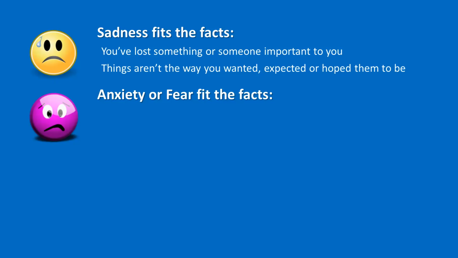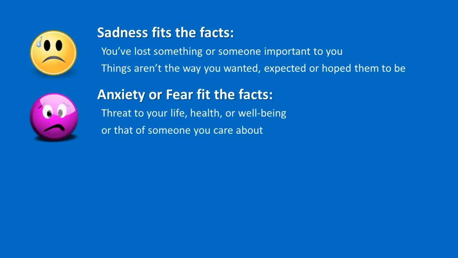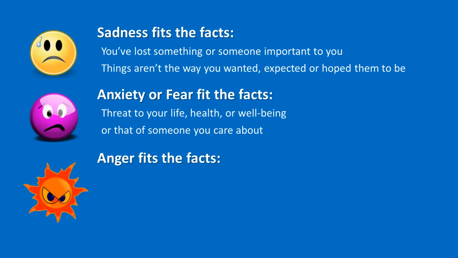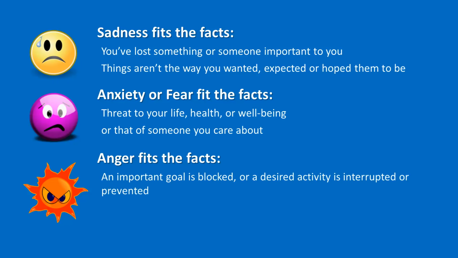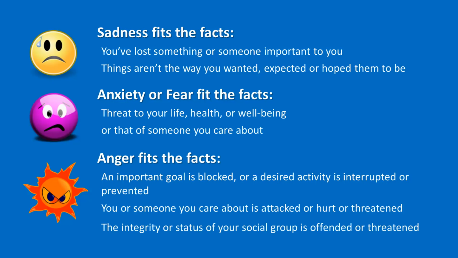And anxiety or fear fit the facts if there's a threat to your life or health or well-being or that of someone you care about. And anger fits the facts if an important goal is blocked or a desired activity is interrupted or prevented, or if you or someone you care about is attacked or hurt or insulted or threatened by others, or if the integrity or status of your social group is offended or threatened.